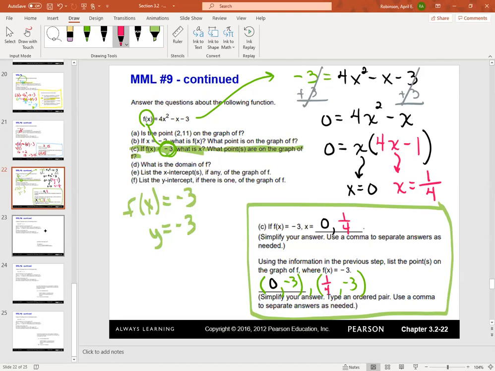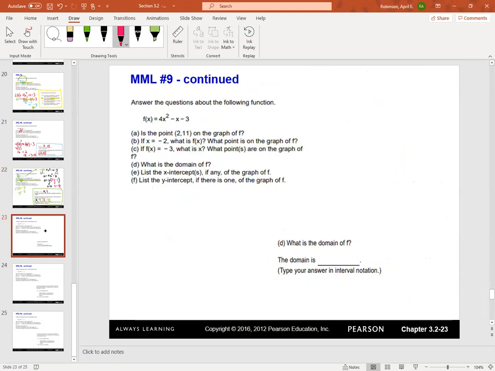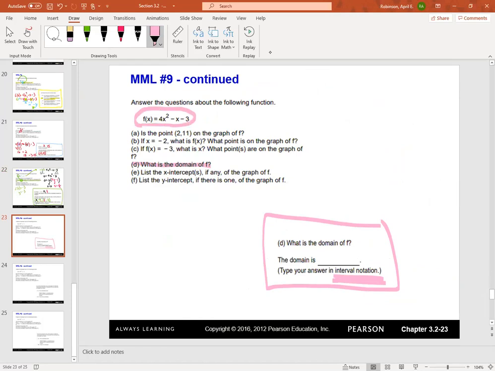And then D wants to know what the domain of F is. Okay. There's no picture on this one. What's the domain of F? Here's the answer box, and it said type it in interval notation. Hopefully you guys can look at this and know what it is. This is a parabola.